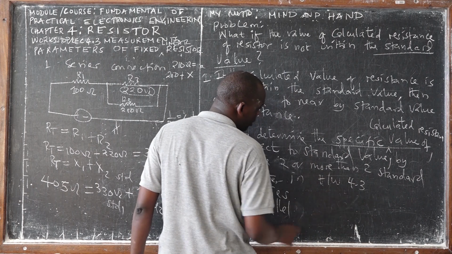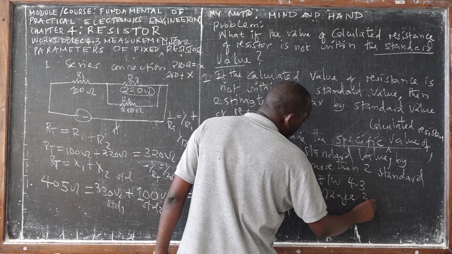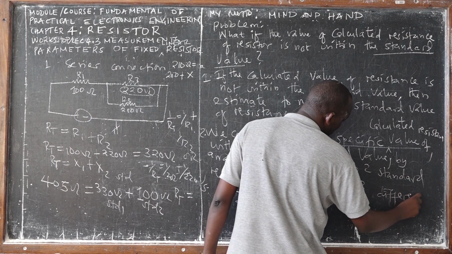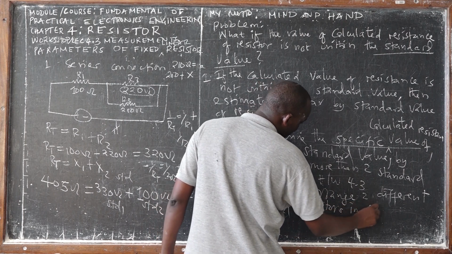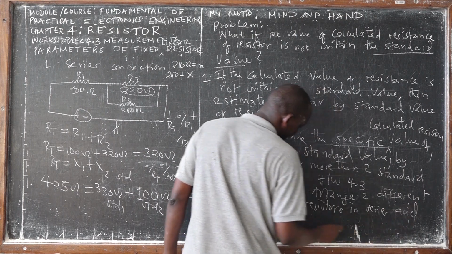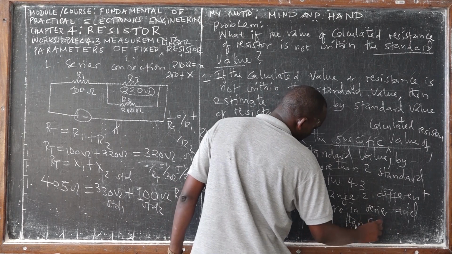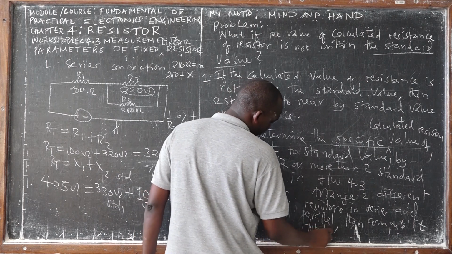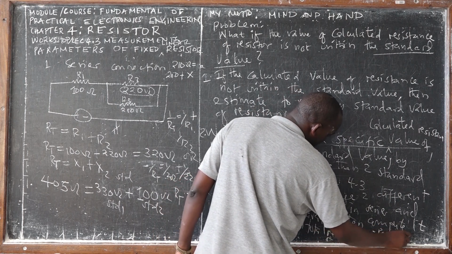Arrange two different resistors in series and in parallel, then compute the total resistance. Repeat this process seven times.